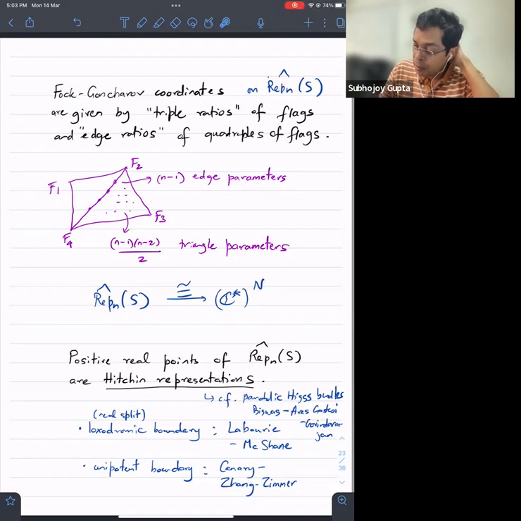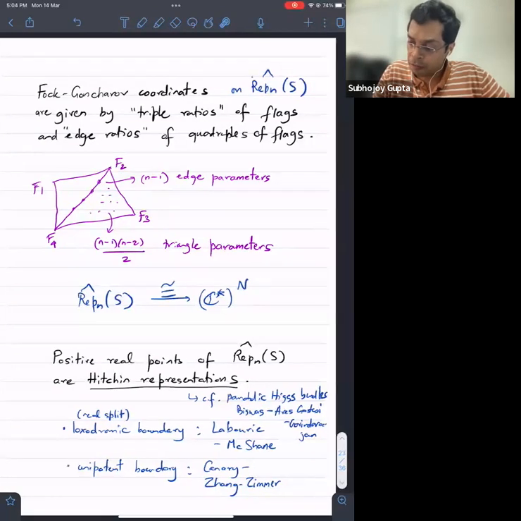These are cases where the boundary monodromy, the peripheral curves, are real and split, so they're diagonalizable with real eigenvalues, and here it's unipotent. In these cases, these relative Hitchin representations have been studied and identified with these positive representations in the sense of Fock and Goncharov.